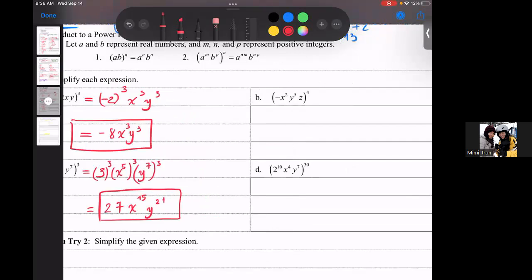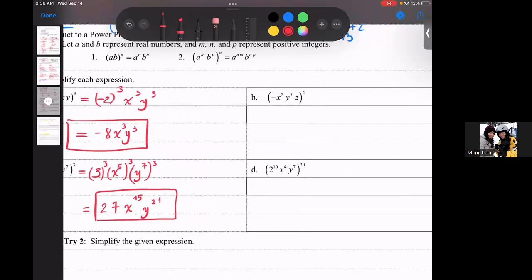All right, B. There are many ways of doing B, but let me show you one way that I do it. The negative x squared, I'm going to rewrite this as -1 times x squared times y to the 5th times z, all of that to the 4. Is that okay? All I do is rewrite the negative as -1 times x squared. And then, same rule, you distribute the power to every factor.